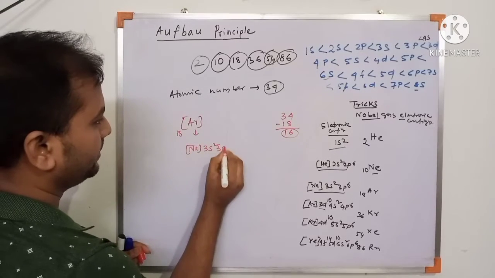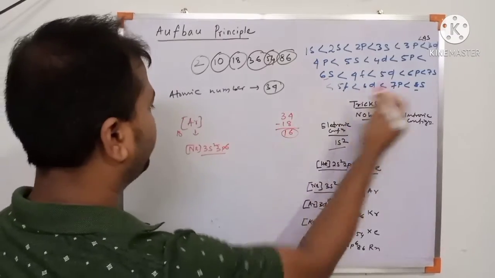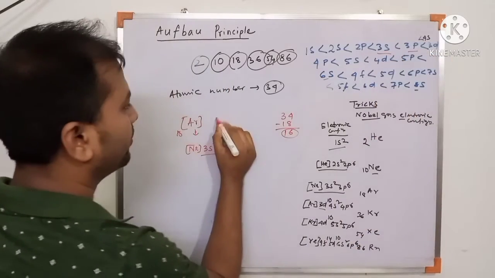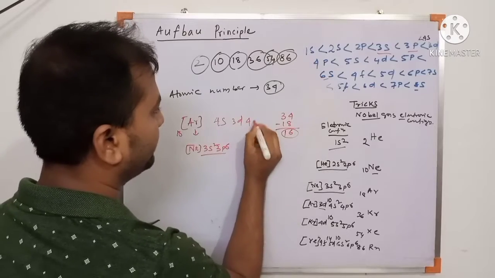Argon's configuration we know, like neon, then 3s2 and 3p6. The orbitals in energy order are 3s, 3p, then 4s, 3d and 4p.